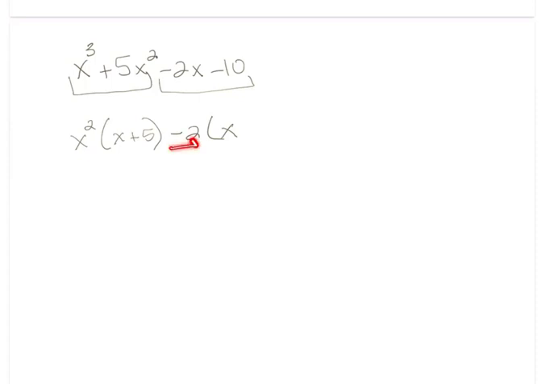I'm at negative 2, and I got to get to negative 10, so I'm going to multiply by positive or negative 5? Positive 5? Right? And then double check it. Negative 2 times a positive 5 is going to give me my negative 10. If this guy was a negative, it would be negative 2 times negative 5, which would have made that positive. Right?